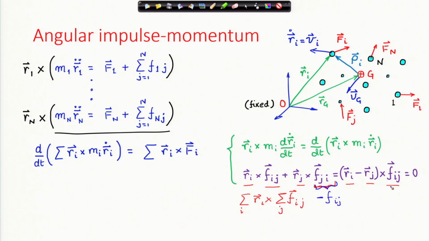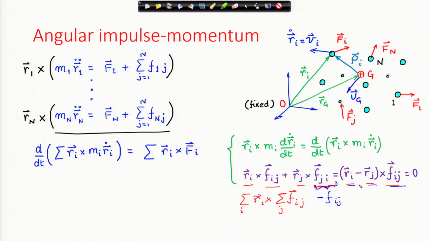Then I take f_ij common, and what I have in brackets is r_i minus r_j. Now, r_i minus r_j is this relative vector, the vector joining particle j to i, and cross f_ij. f_ij is also, because this is an internal force acting between the ith and jth particle, along that line connecting i and j.